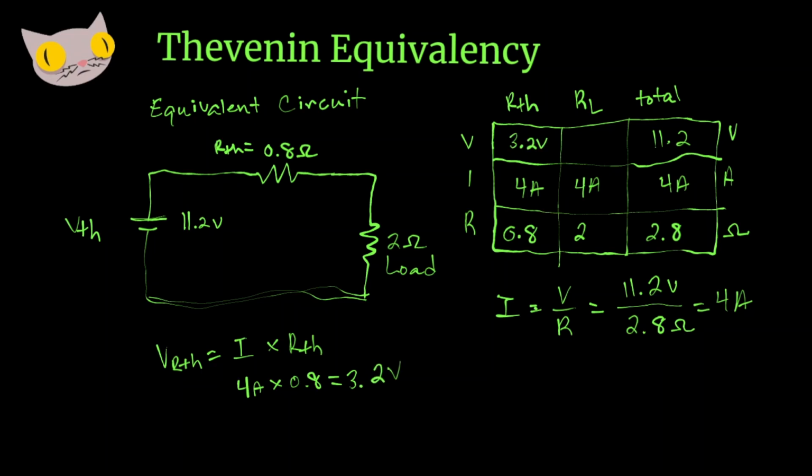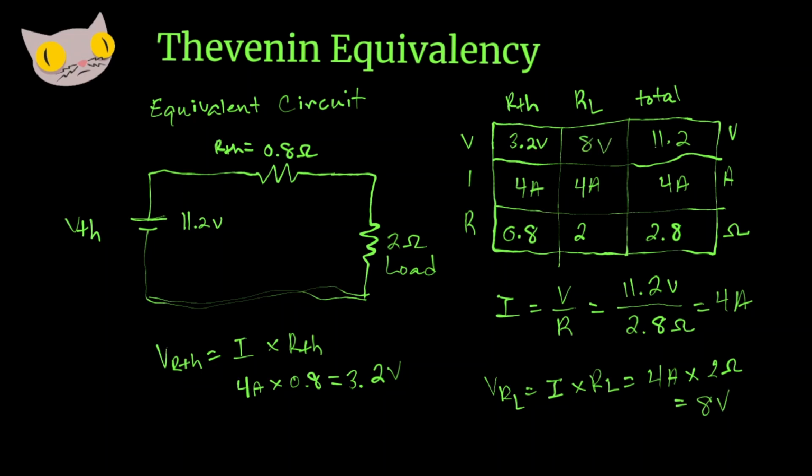Now let's find the voltage drop across our load resistor. So we'll go right here. VR load is equal to our current times our load. And that's just 4 amps times 2 ohms. Gives us 8 volts. And there you go.